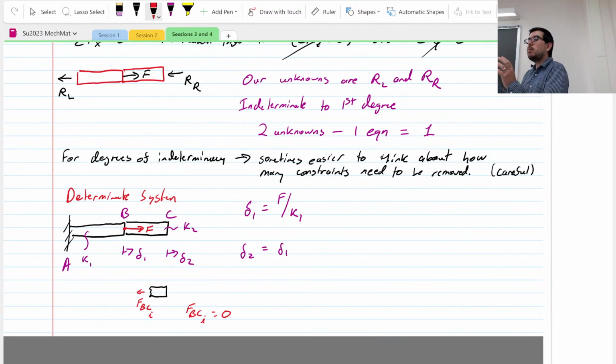And this is maybe where it's important to distinguish between deformation and displacement. BC is in fact moving. It's being displaced delta 1, but its deformation is 0.